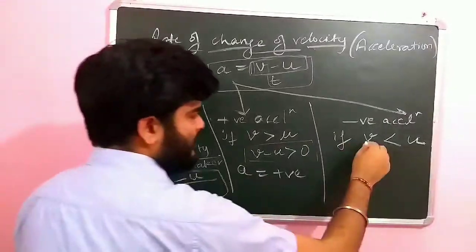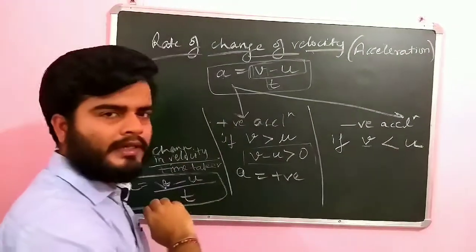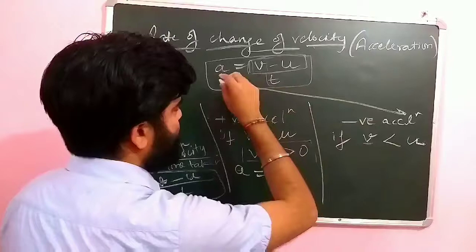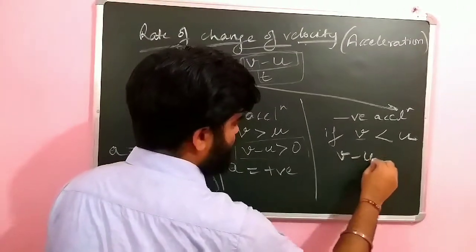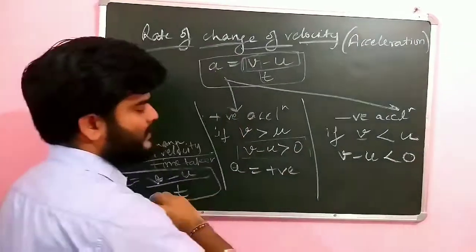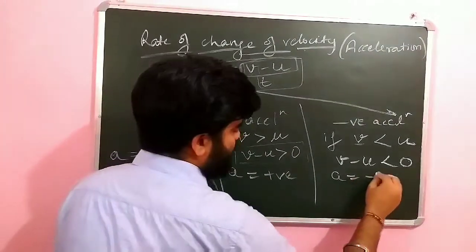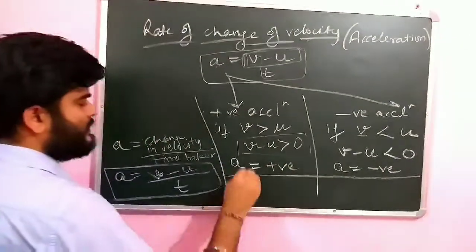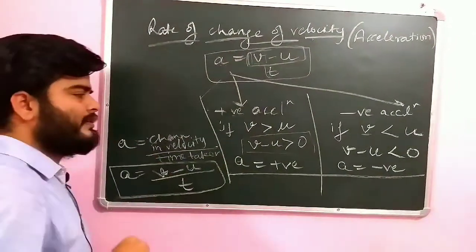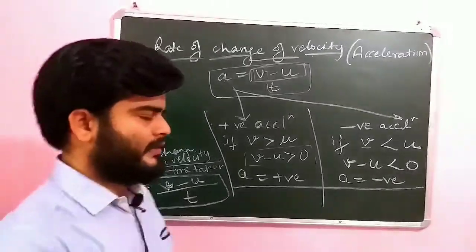It means the final velocity is less than the initial velocity. In that case the acceleration will be negative because v minus u will be less than 0. So these two types of accelerations will be there, positive acceleration and negative acceleration.